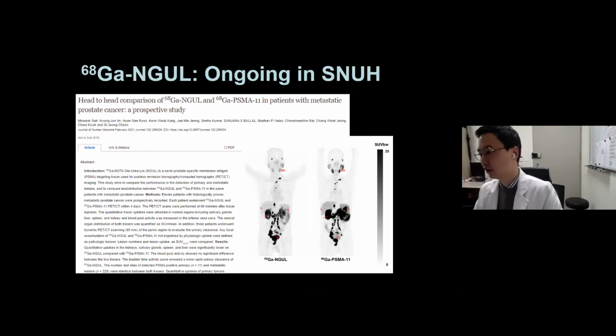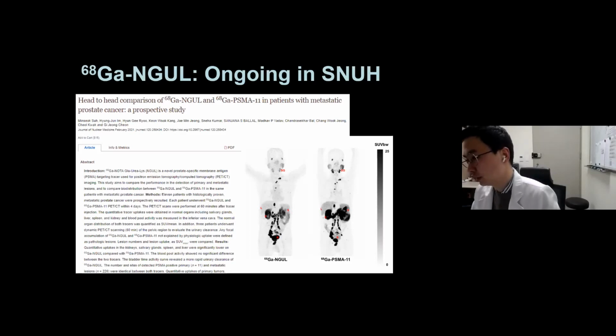So we are doing our own clinical trials to get our Korean-produced PSMA agents right now. In Korea, we have to pass through the Korean FDA. So although the agents have passed the FDA or European Commission, they cannot be readily used in Korea. That's a limitation right now.